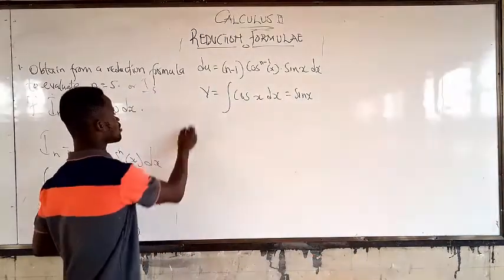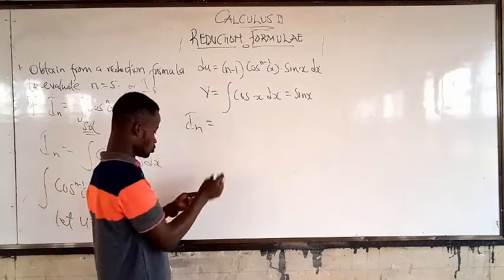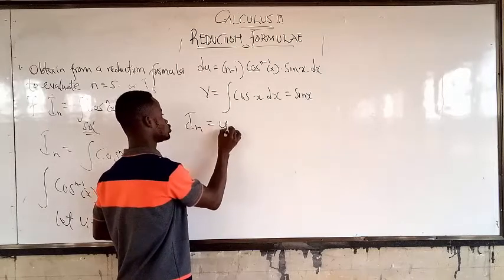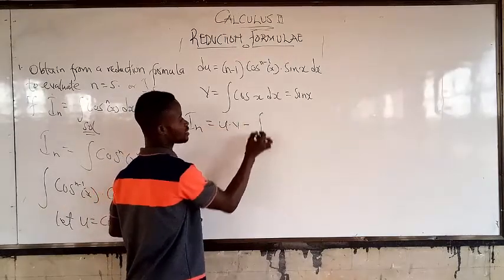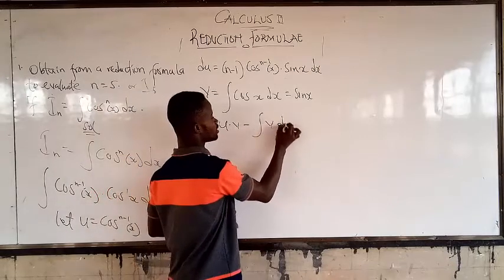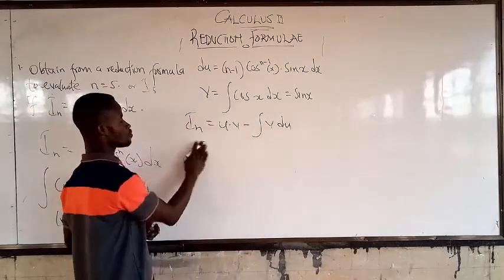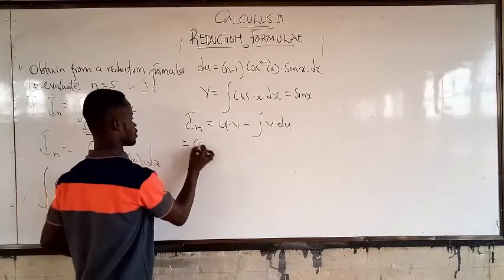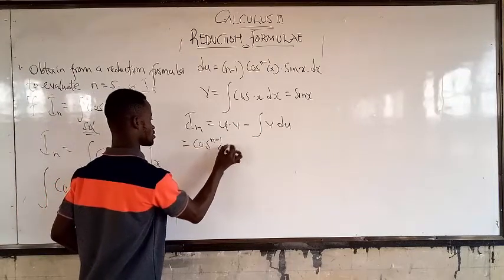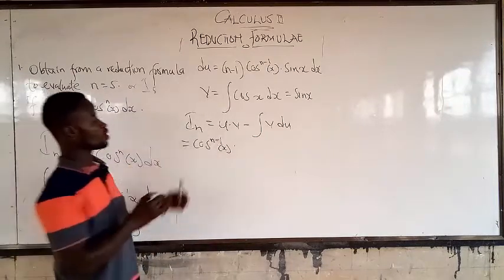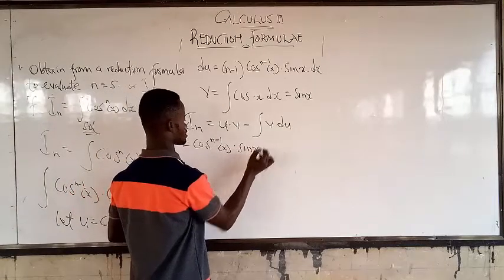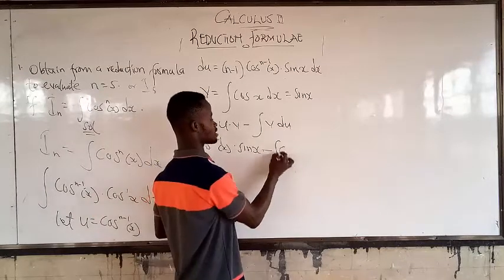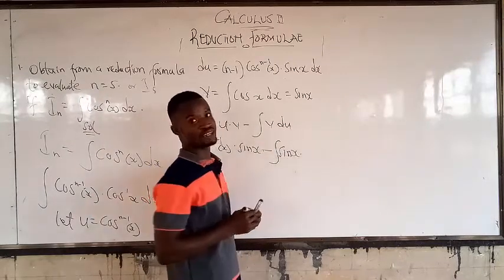So from integration by parts, you know that In is equal to u times v minus the integral of v du. By substitution, u is cos^(n-1) x times v, which is sine x, minus the integral of v, which is sine x, times du.